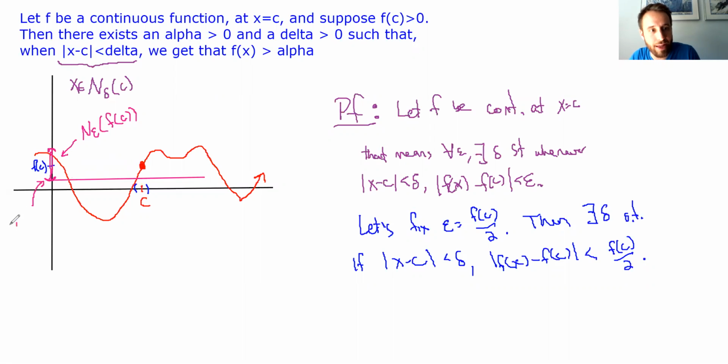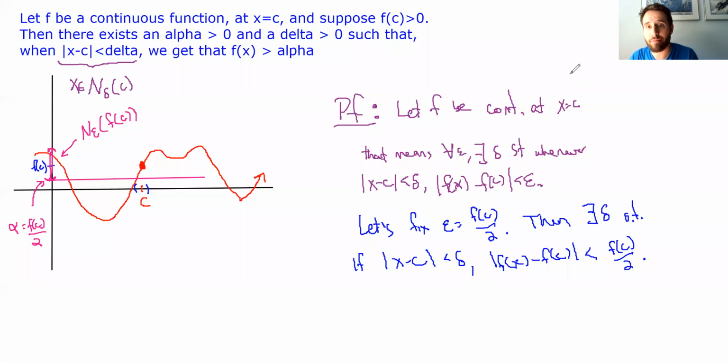And so with alpha equal to f of c over 2, or really we could choose any smaller positive value as well. The fact that our f of x minus f of c will be less than f of c over 2 means that our f of x's will be bounded between these two heights, which means that our f of x's will be bigger than this height right here.